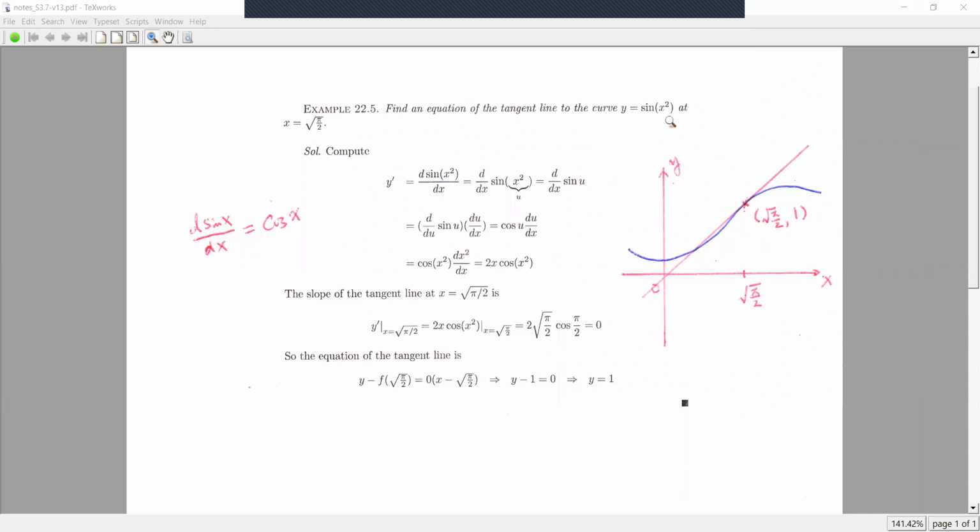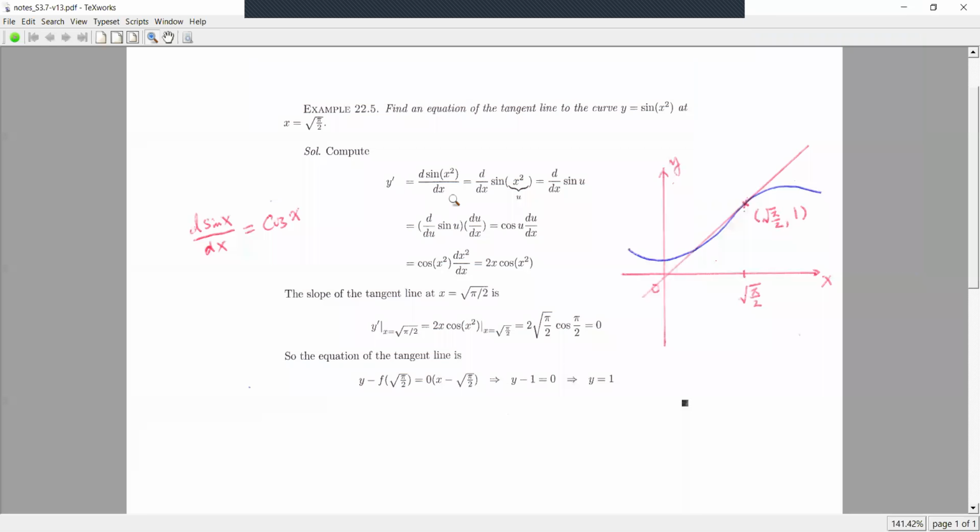The given function is sine of x squared. It is a composite function, not a product, not sine times x squared. So to compute the derivative of this function, we need to use the chain rule, not the product rule.